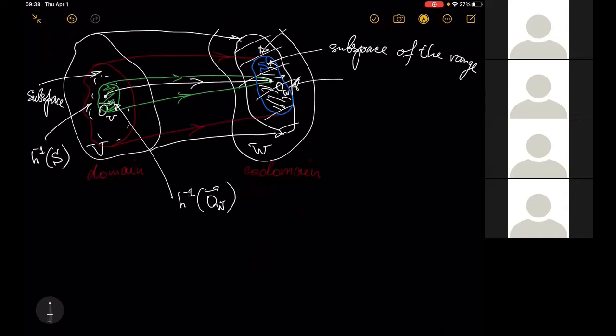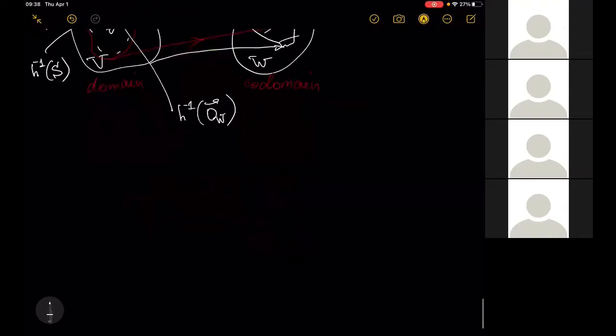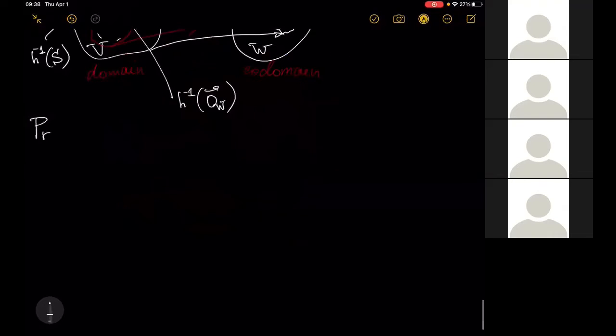Okay, the proof is the following. So let H be this homomorphism, and S a subspace, as I just explained.